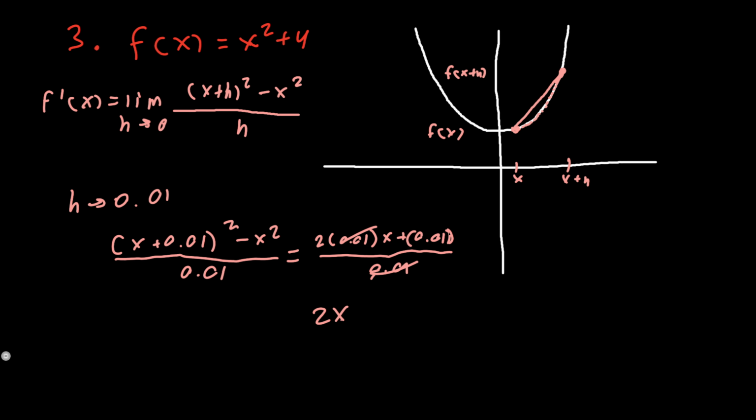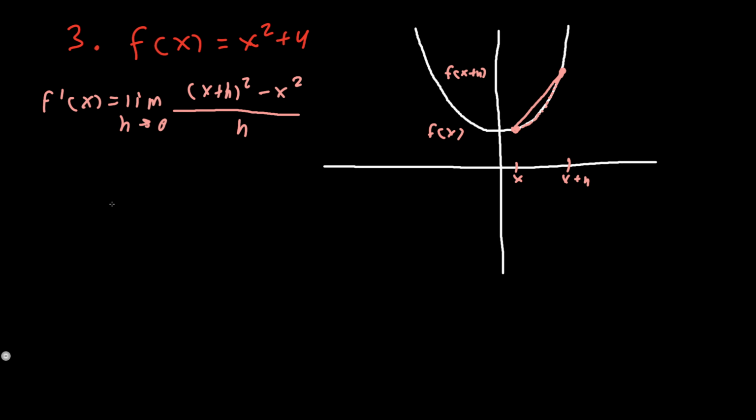So then that gives us 2x plus 0.01, which is pretty much the same thing as using 0, but here we're using a value where we could actually plug it in and get an output back. But we know that h is 0.01, and if we had it become 0, we would have gotten just 2x.